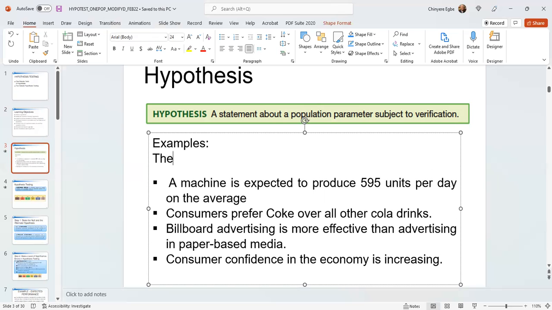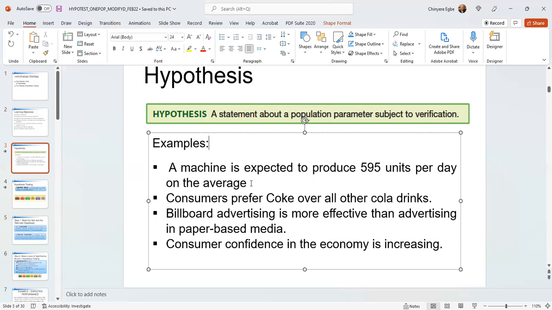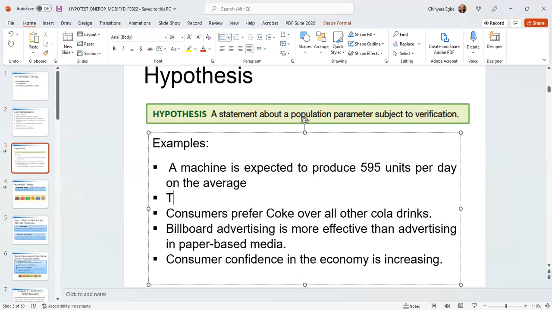Say the average age of houses in Brooklyn is 80 years. Okay. That is a statement about the characteristic that you can make.